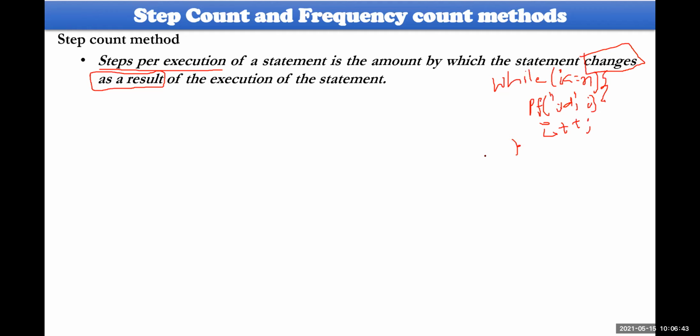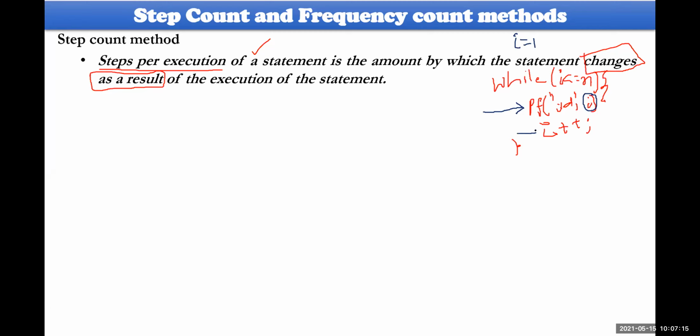In the step count method, this statement always changes the value, which can be printed here. The initial i value is equal to 1, so initially 1 is printed, followed by i plus plus.